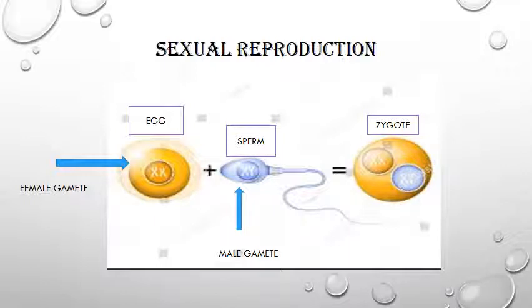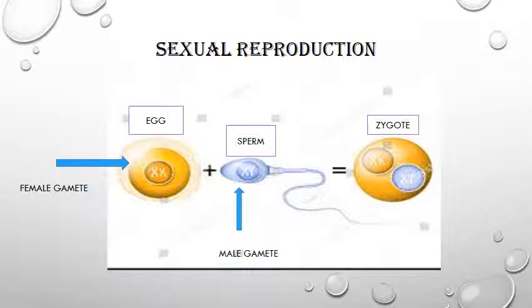When the male and female special cells fuse together, they form a single cell that is known as zygote.